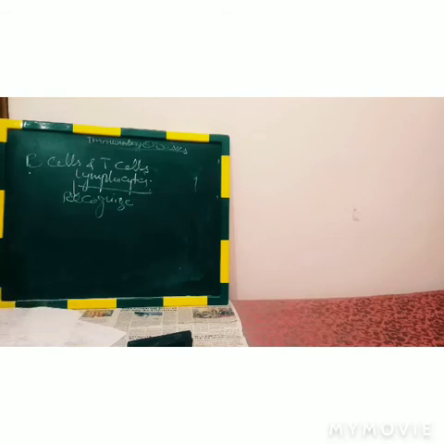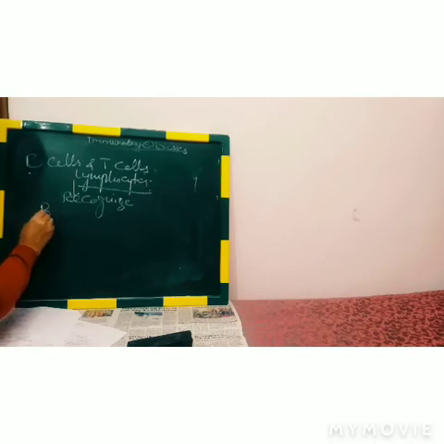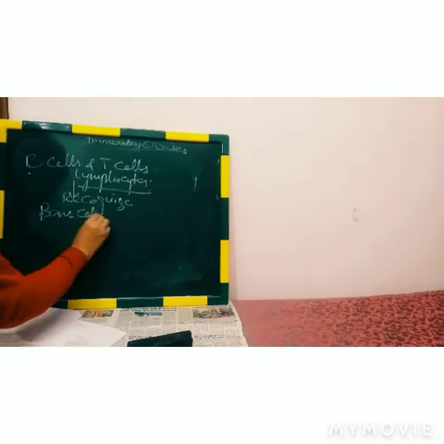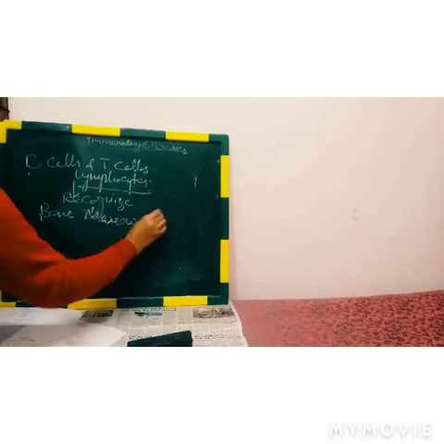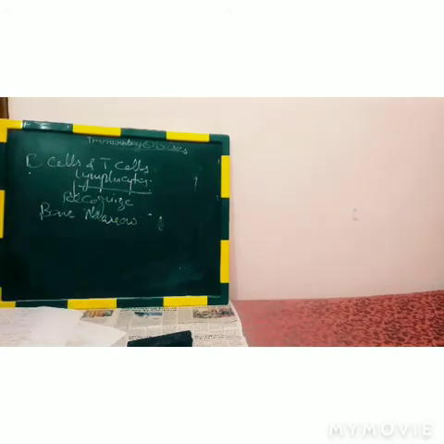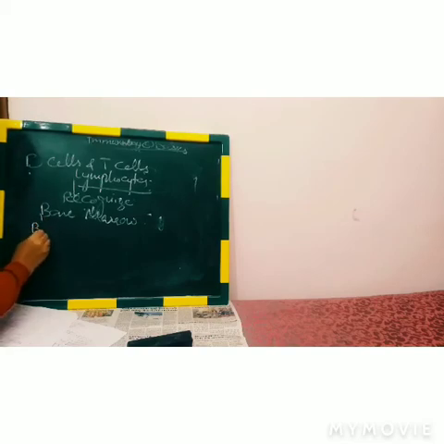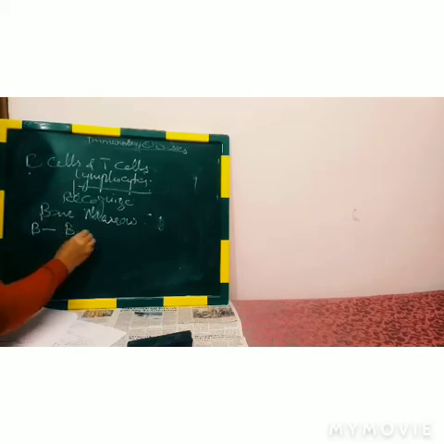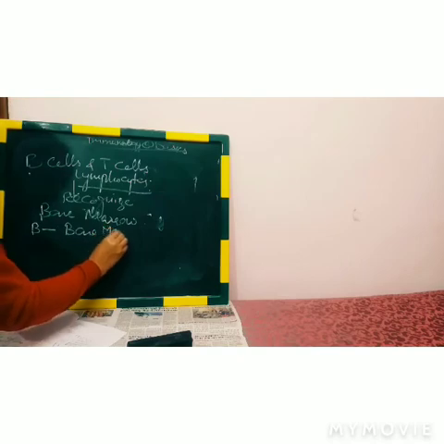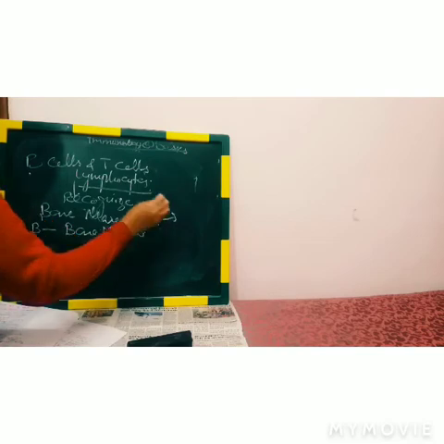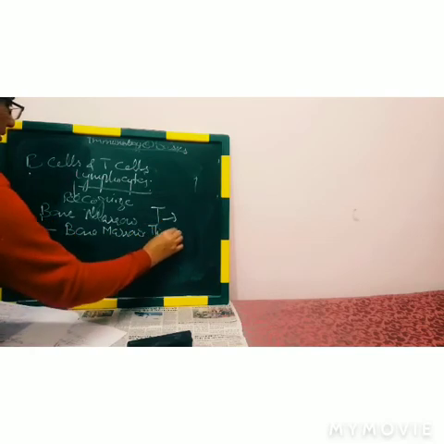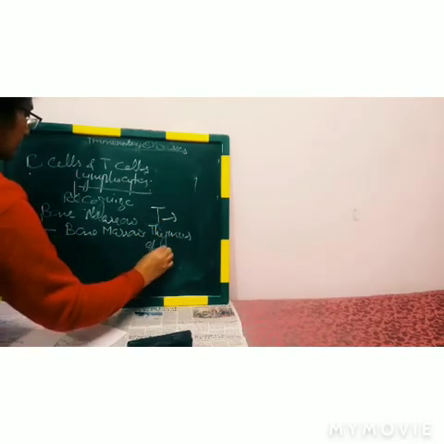All lymphocytes are derived again from the same stem cells in bone marrow, but their development is different. B lymphocytes mature in bone marrow in adults, while T lymphocytes mature in the thymus gland.